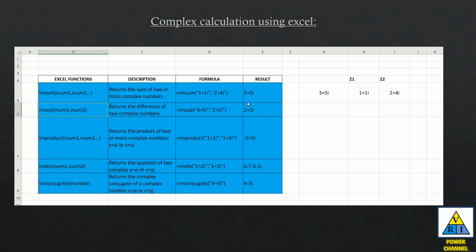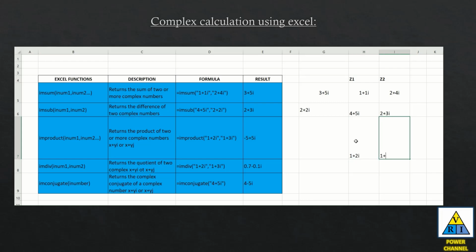Next is the difference of two complex numbers using the function IMSUB. For this example, we have 4 plus 5i minus 2 plus 3i, we have 2 plus 2i.